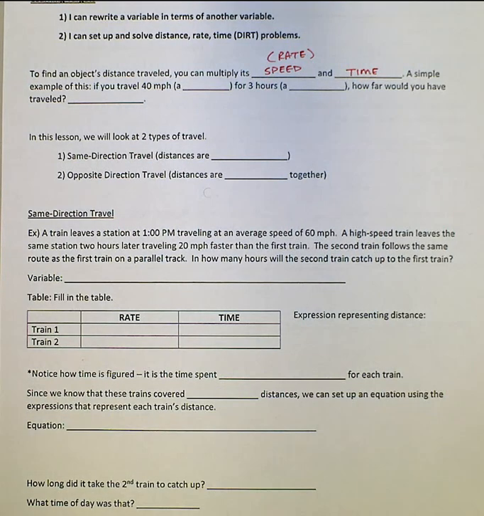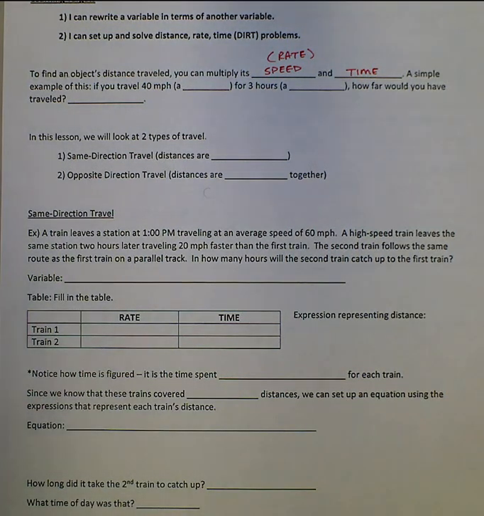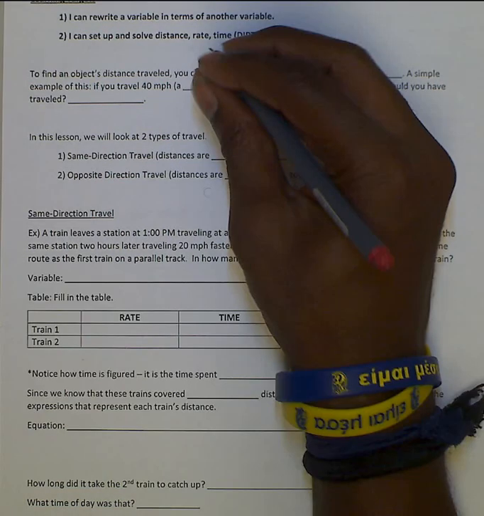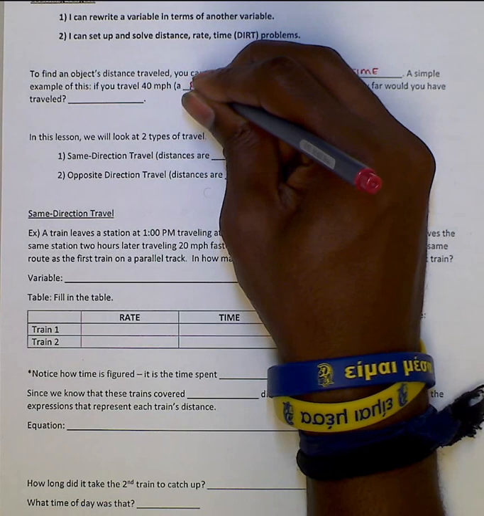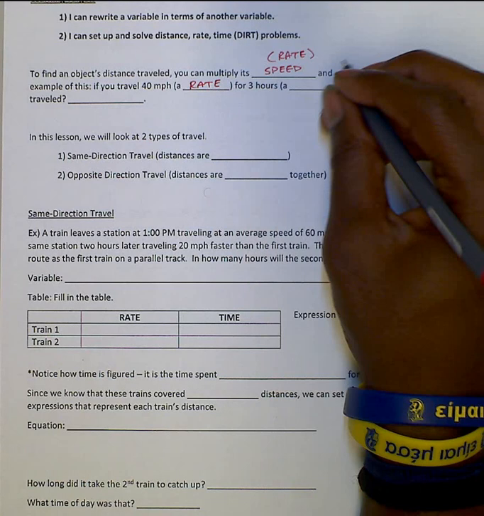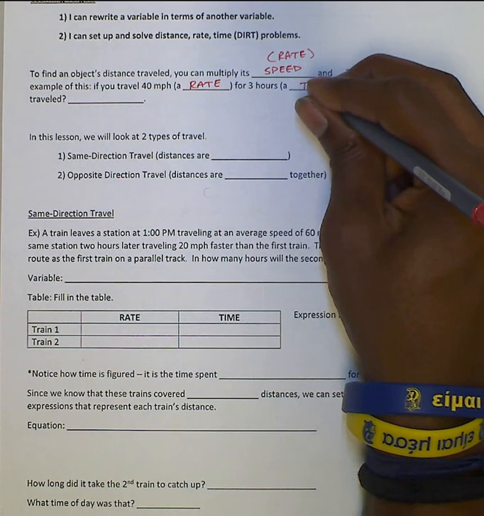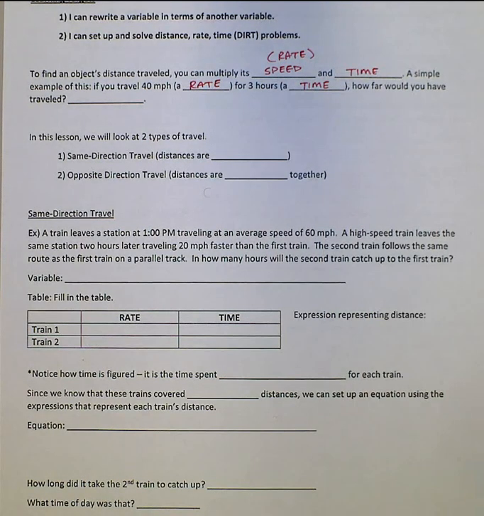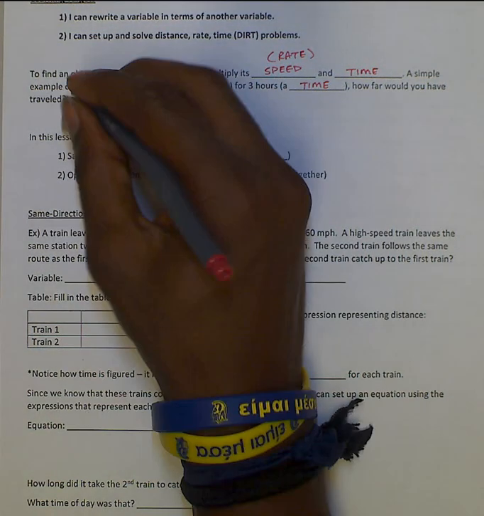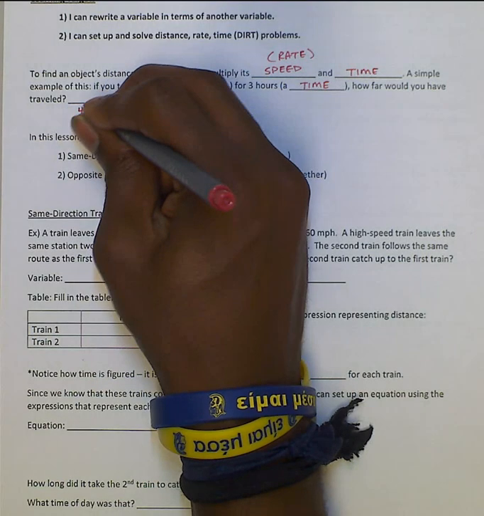A simple example of this is if you travel 40 miles per hour, a rate, for 3 hours, a time, how far would you have traveled? Well, 40 miles per hour for 3 hours means I'm going to do 40 times 3, which is 120 miles.